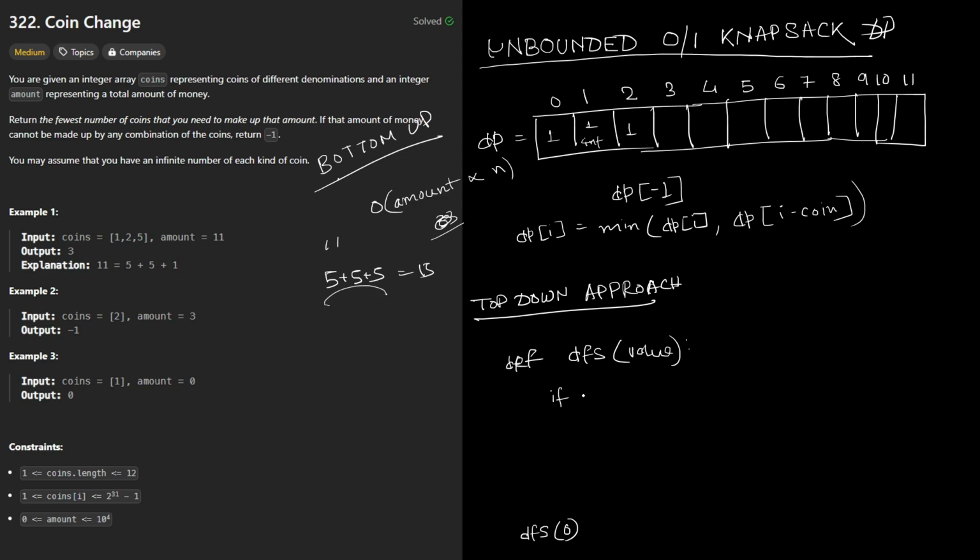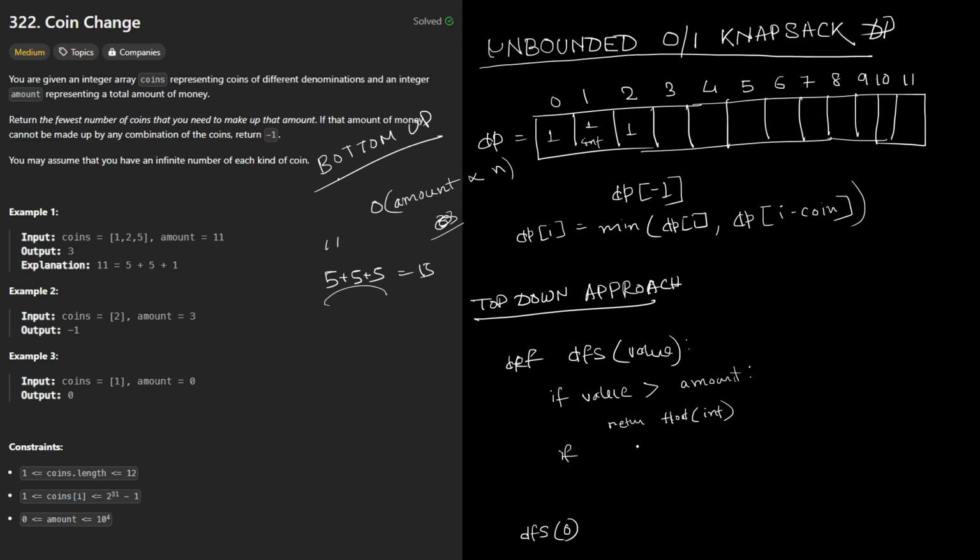In that case, if the value is greater than the amount, I can return float infinity, because we have not been able to find a solution by using this number of coins to reach 11.